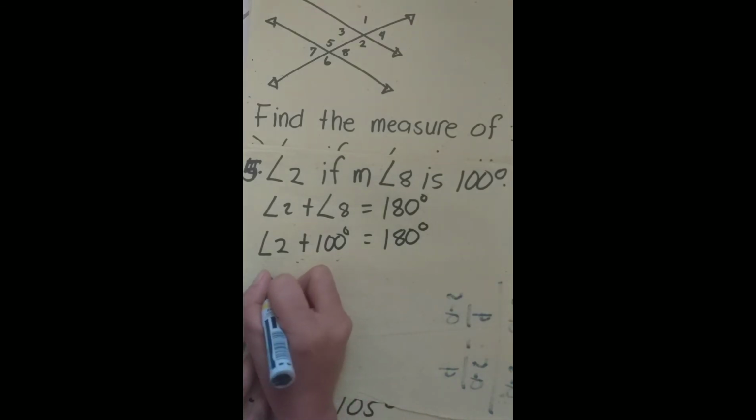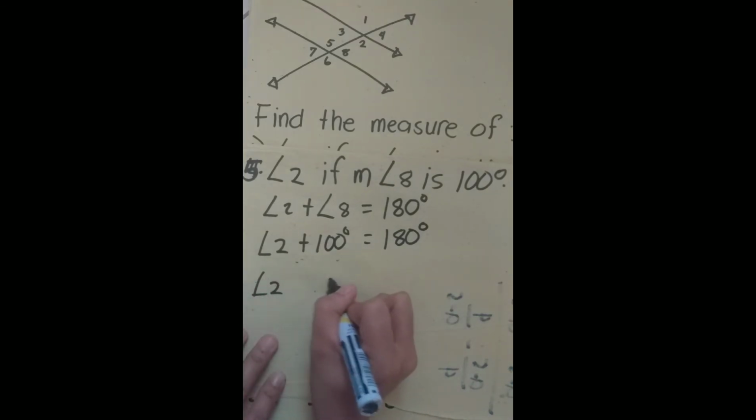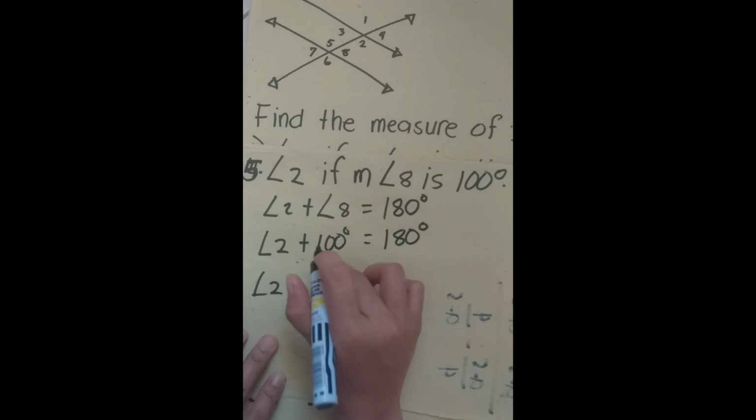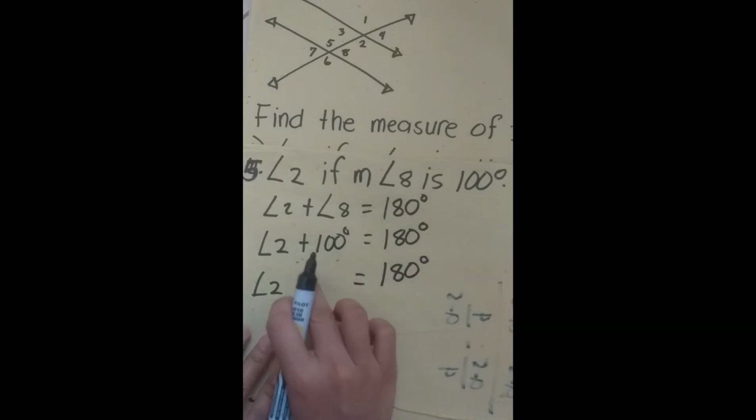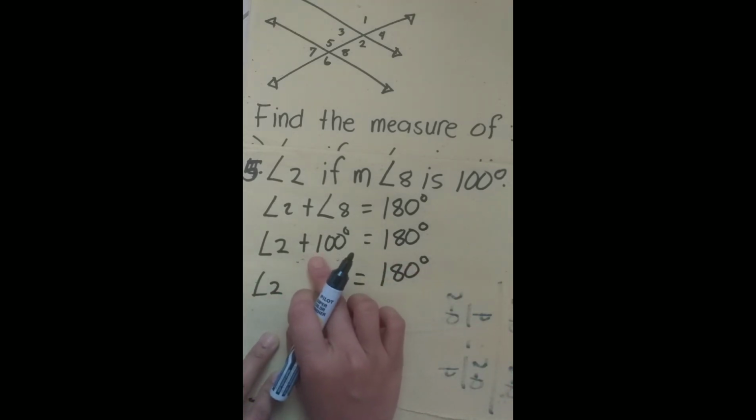Next, this is angle 2 and we are going to transfer. This is 180 degrees and we are going to combine like terms, or transfer 100 here. If we transpose numbers, we use the unlike sign.